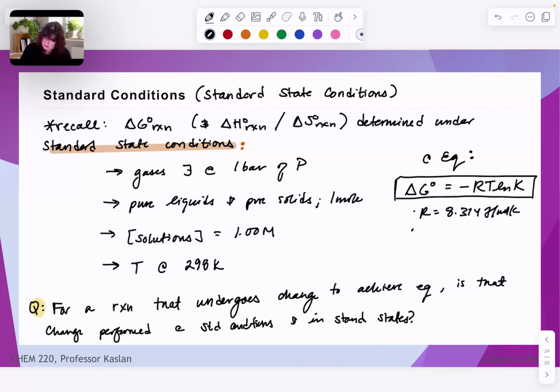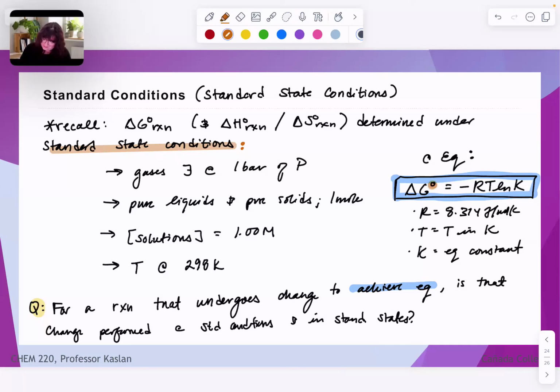It's our gas constant. T is the temperature in Kelvin, and K is the equilibrium constant. But again, this is once we have hit, as a chemical reaction, the point of achieving equilibrium. And we're assuming that we're achieving equilibrium in standard states, right?